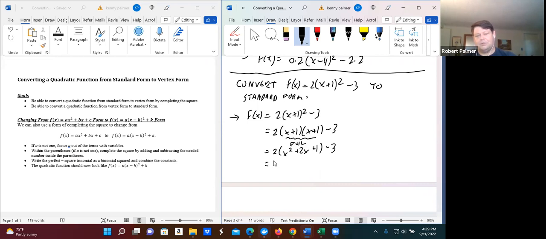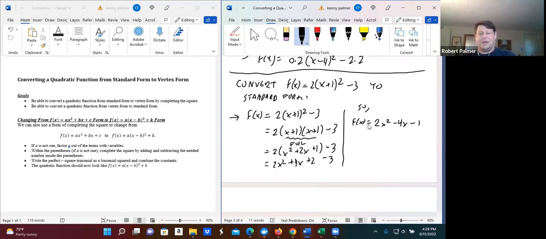So distribute the 2: 2x squared plus 4x plus 2 minus 3. So f of x is also equal to 2x squared plus 4x minus 1.